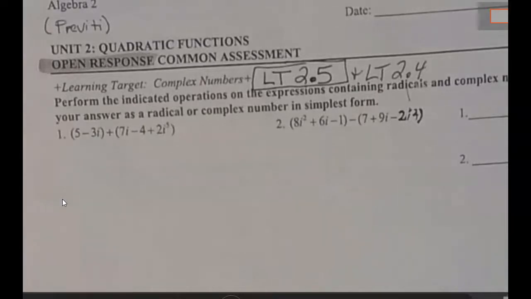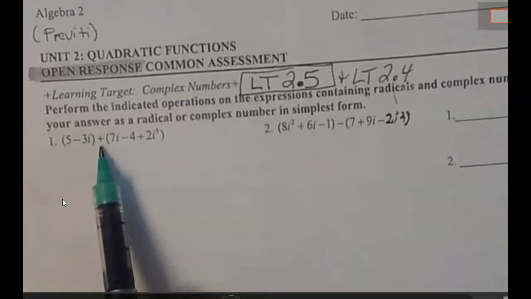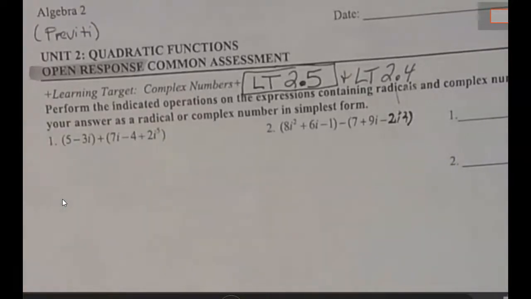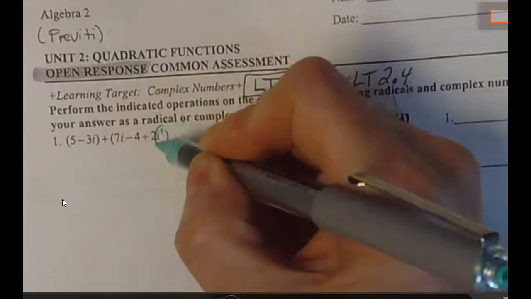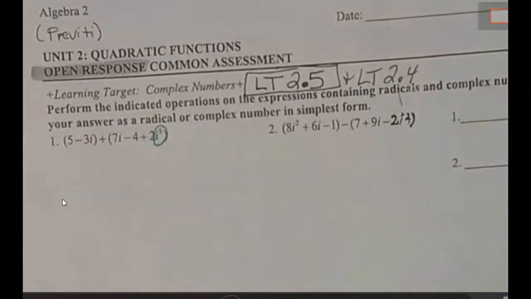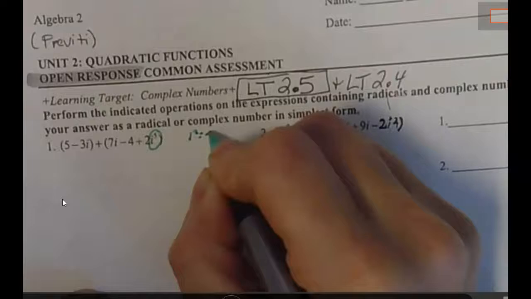So let's go ahead and look at number 1, and we can tell right here that there is a plus sign in the middle, and what I can do is see right away that there's actually an i to the 5th power. So this is one of the more challenging ones because we have to get thinking about that i squared equals -1.